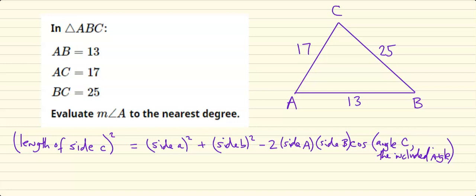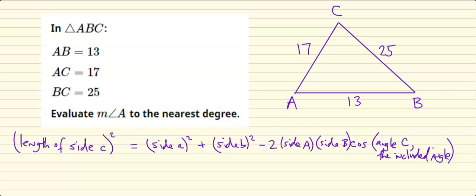So in words, what we have is that the length of any of the sides squared, we'll call it C, is equal to the sum of the squares of the other two sides minus 2 times the product of the two sides times the cosine of the included angle between those two sides.